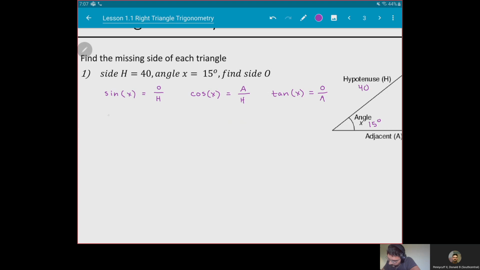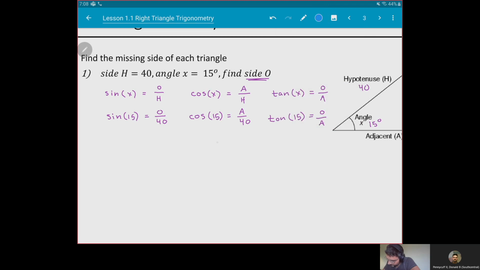So we know the hypotenuse and the angle, so that's sine of 15 degrees equals O over 40. This is cosine of 15 degrees, and I do not know what A is, over 40. And this is tangent of 15 degrees, equals O over A. Now I want to find O. That's what I'm looking for.